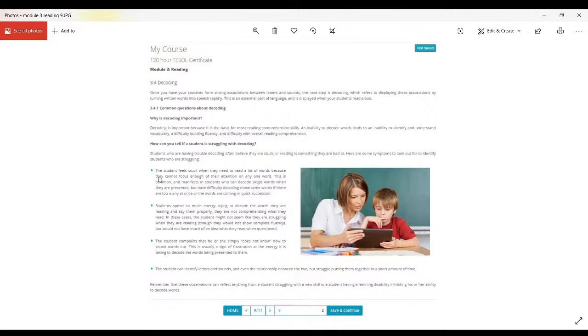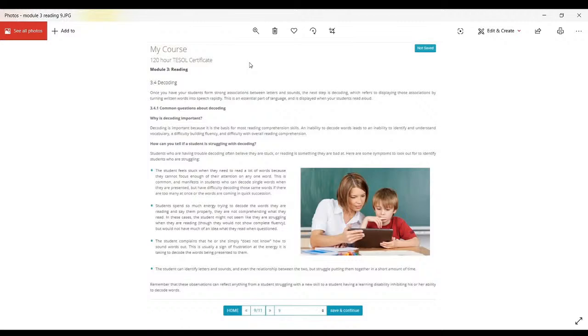All right. First, the student feels stuck when they need to read a lot of words because they cannot focus enough of their attention on any one word. Okay, so ito yung mga bullets na to, yung ilan sa mga symptoms para ma-distinguish natin or ma-identify natin if the student is struggling with decoding.